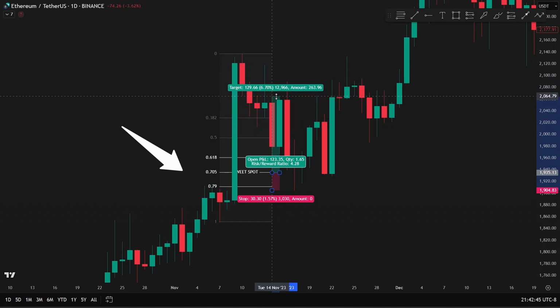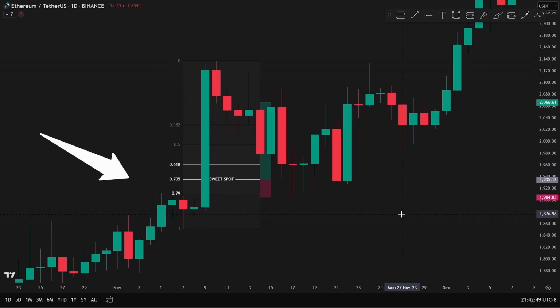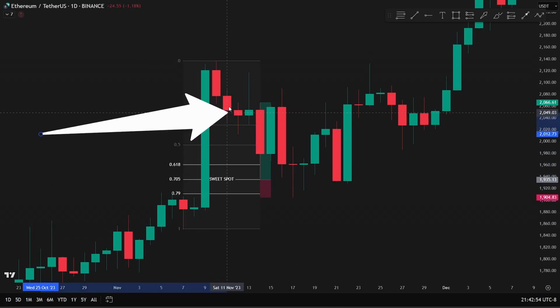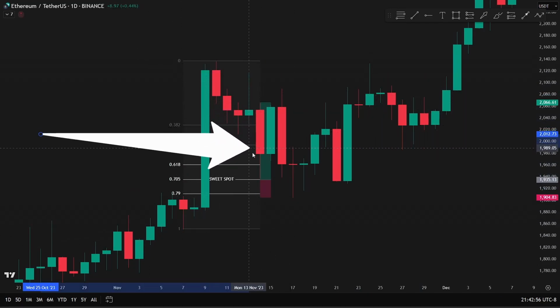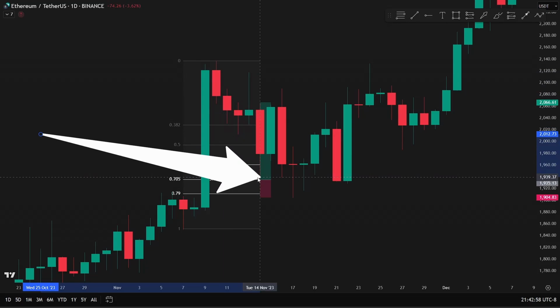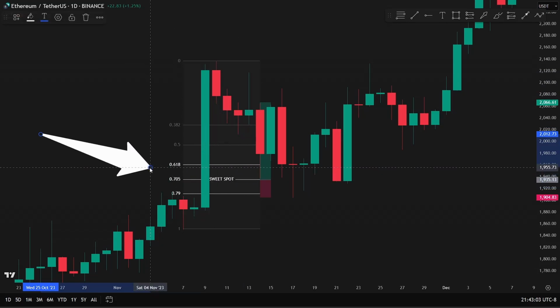What happens? Price comes up. That's a 4R trade right there. Just because we waited for this area, we waited for price while it was up here, we waited for price to come down here. And when it did, we knew what to do because it hit the sweet spot, right?